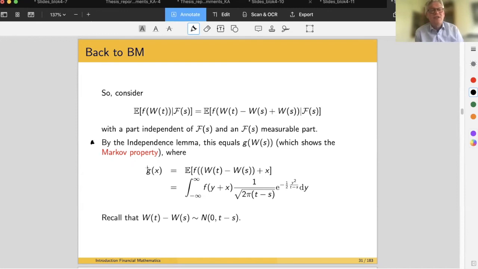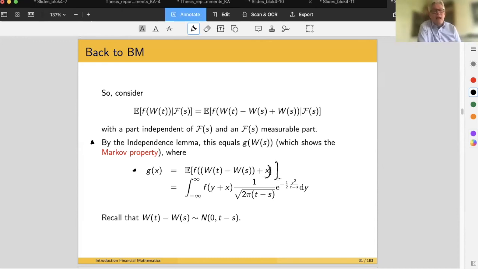So we write g as a function of the measurable part. g of little x is then the expectation of this first part, f, which depends on W_t minus W_s, plus x. And I should have a bracket here, and I will do that in the slides.